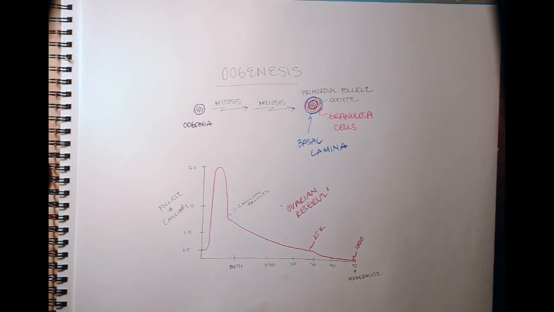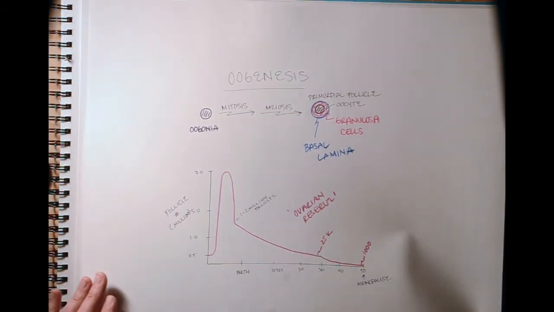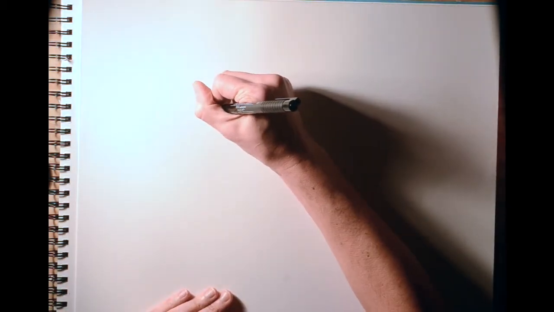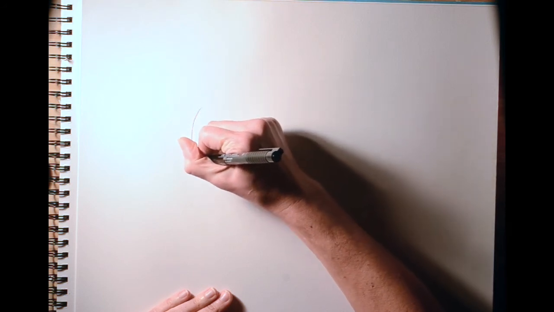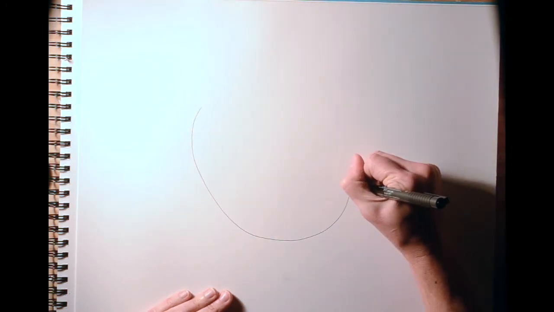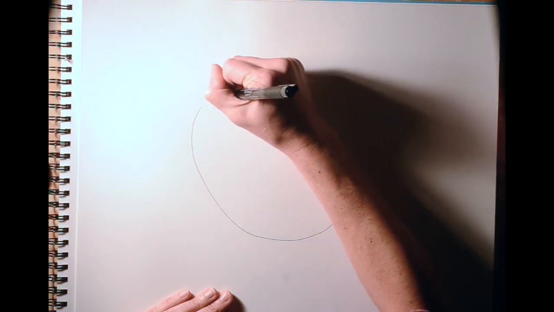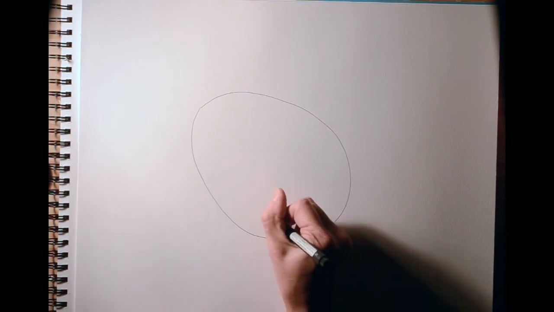So let's talk about that process by first looking at the organization of the ovary and its relationship to the primordial follicle, and other follicles that we'll find in the ovary. So I'm going to diagram out the ovary, and I'm going to make it large to just accentuate some of the cell types that we're going to find in the ovary.